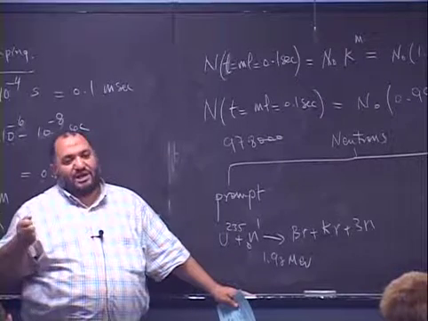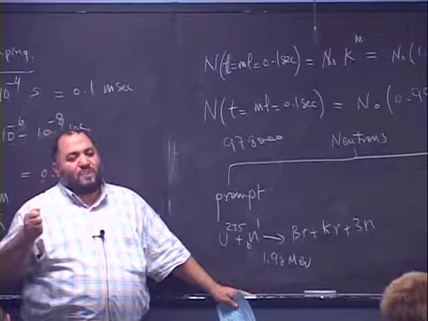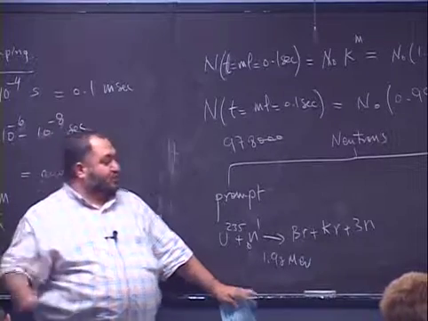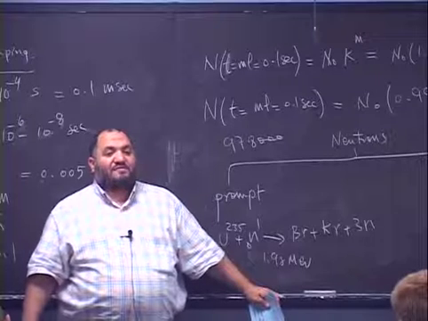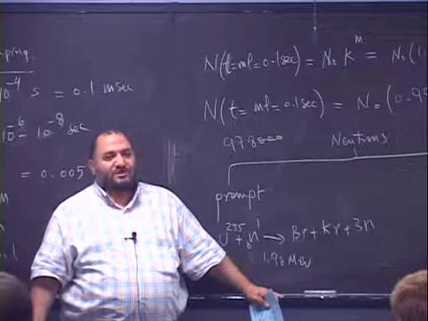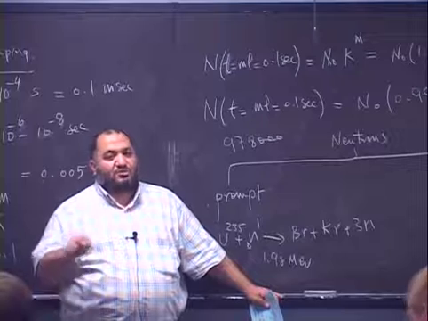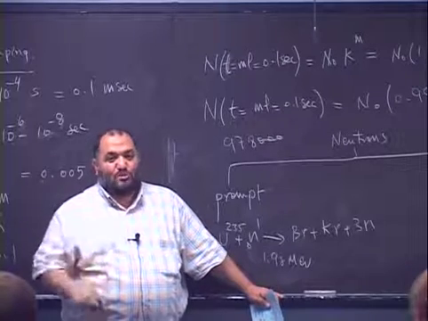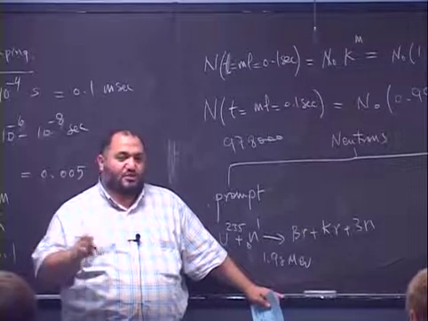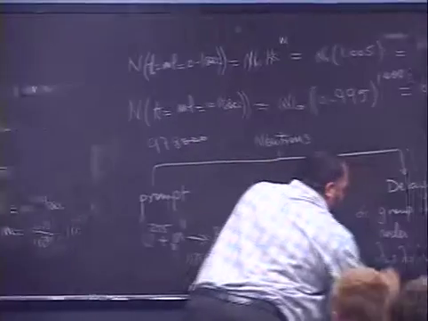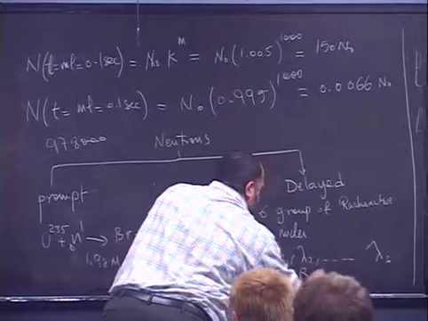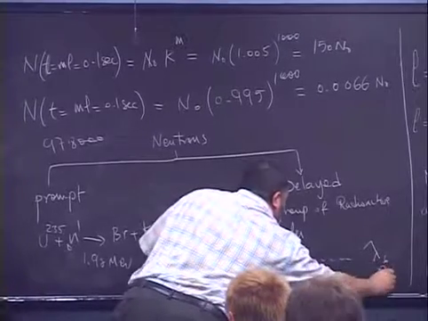Then I will look at what's coming from each of those 6 groups. I will give group number 1 a fraction: how many neutrons come from this group? Group number 2, a fraction. Group number 3, a fraction, and so on. So this fraction is beta 1, beta 2, up to beta 6.